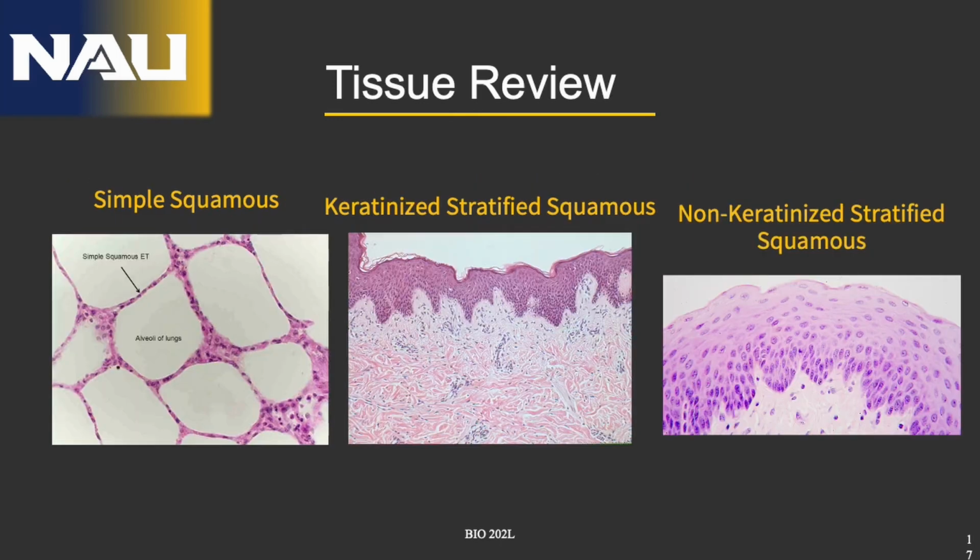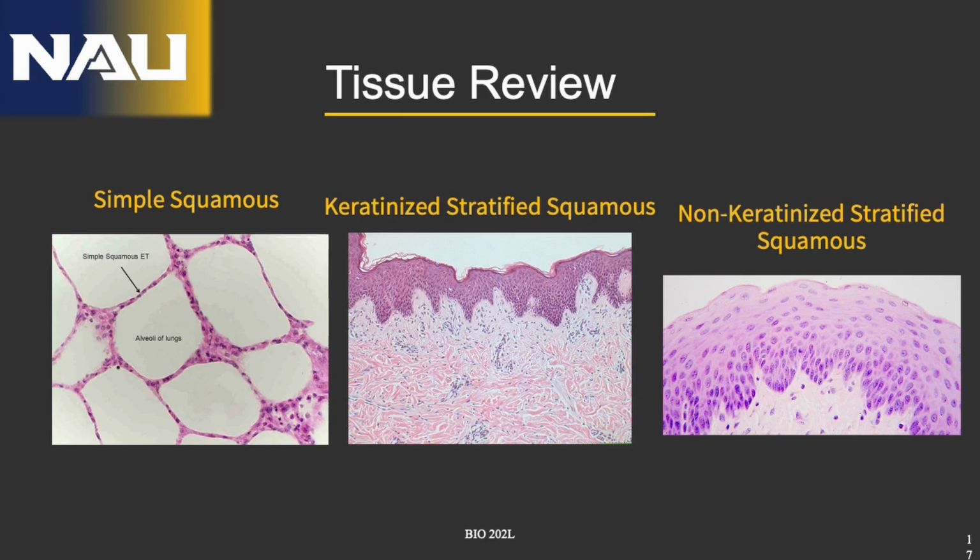Okay, I hope you're taking notes because there might be some test questions with this tissue and images. So on the left here, I'm just going to tell you what these ones are because most people get these right. And that is simple squamous on the left, so it's harder to tell the difference between adipose tissue and simple squamous. But I'll tell you right now, there are layers here.